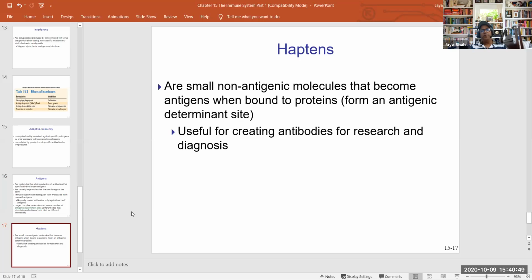But they become antigens when bound to another protein, particularly at an antigenic determinant site. So let's say there is a large molecule with several antigenic sites, and if this hapten binds with that, then it becomes antigenic. Otherwise, these hapten molecules are non-antigenic. These haptens are usually used for creating antibodies for research and diagnosis. Okay.